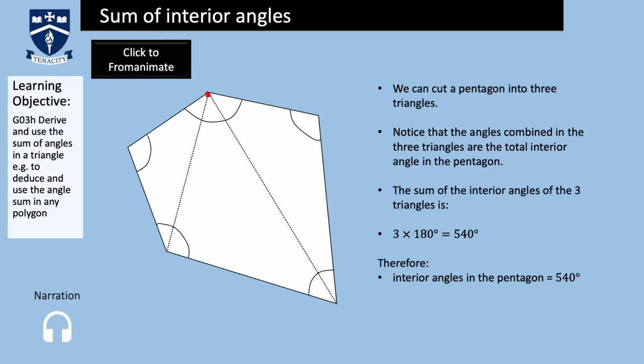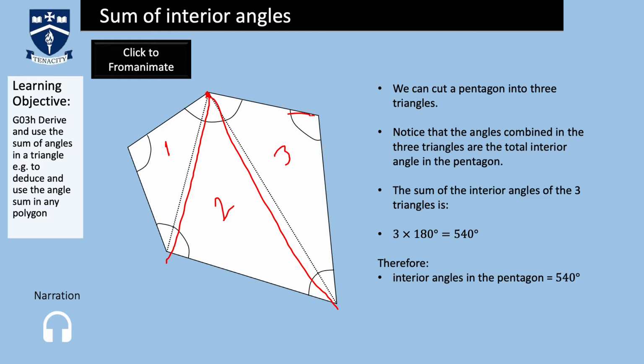So you always start on any one vertex and connect it to another vertex, another corner, and that made one triangle. And then I went from that vertex, connected to another one and made another triangle. That's all I can do. If I went to another corner, it would just be this edge here or this edge here. So you can see from the pentagon, we have made 1, 2, and 3 triangles.